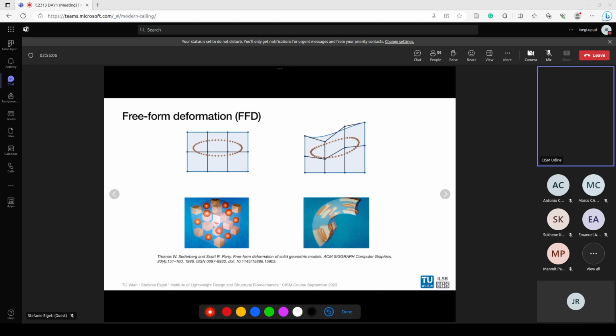So here there's also a cube, and you deform the cube, and automatically also these shapes in the middle adjust to this. So the way it is used in shape optimization is a bit different from the original idea. You take a box spline, so here this rectangle, and you embed a point cloud, which describes a certain shape, and then as you deform the box spline, also those points deform.